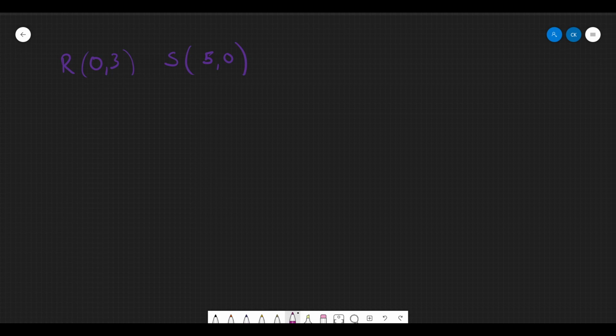So again, if I'm looking for the midpoint, I want to use the midpoint formula: x1 plus x2 over 2, comma, y1 plus y2 over 2, the average of the x values, comma, the average of the y values.